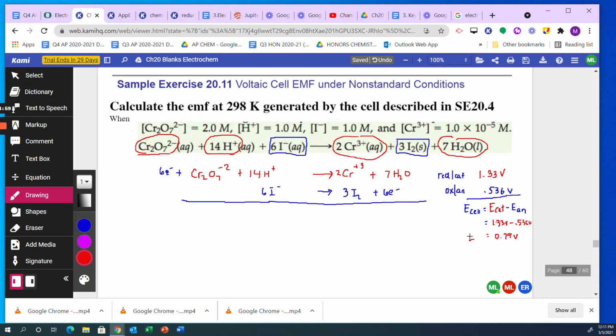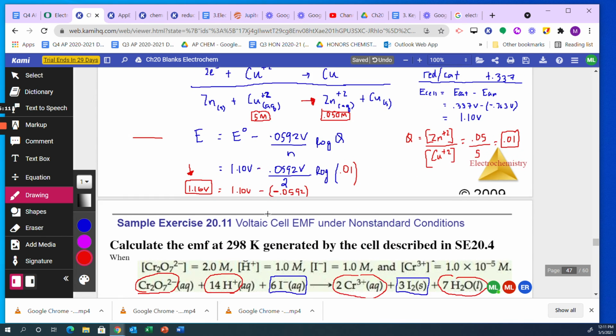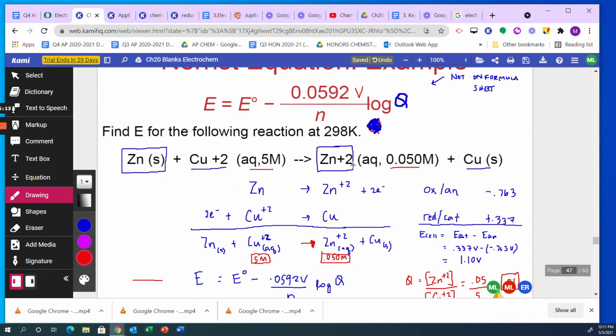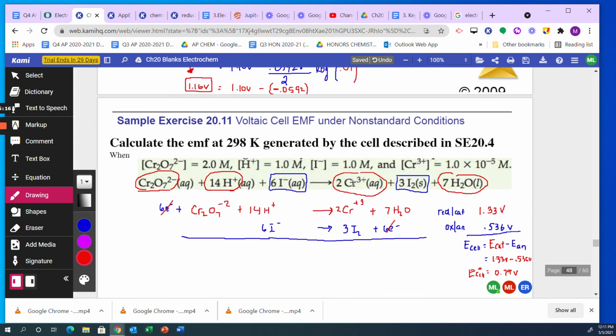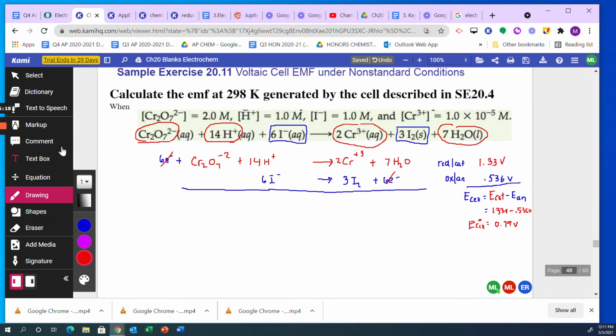Okay, this is my standard cell potential if everything were 1 molar. Now I'm going to go ahead and rewrite all this here just to get the final equation so I can solve for Q, because I will need Q in this formula right there. Let me pause the video and I'll write that in.